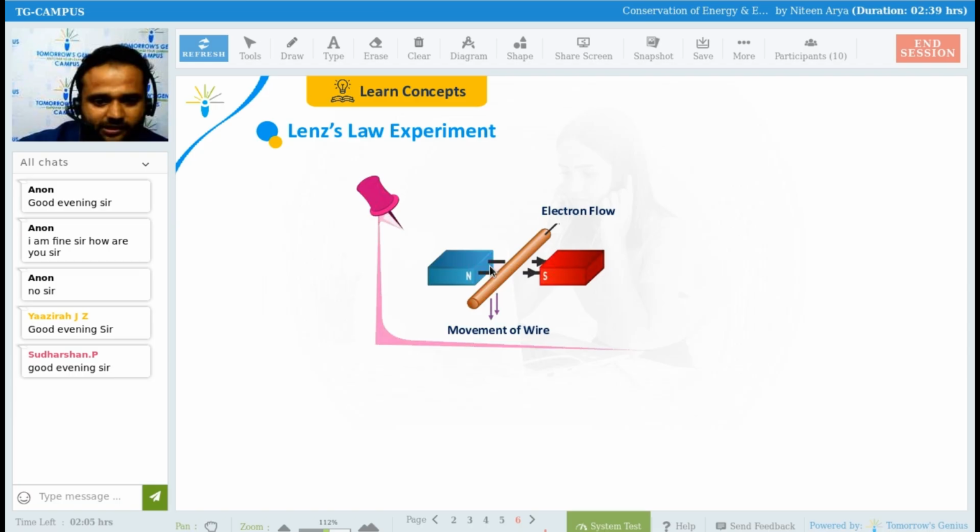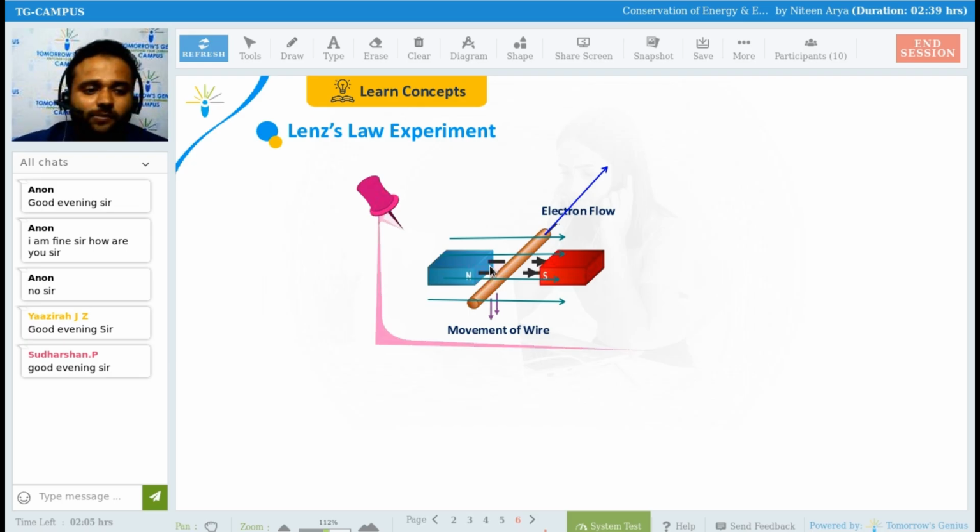There is a magnetic field, as you can see here. The magnetic field is going to be in this direction, and whenever the magnetic field is in this direction and I move this particular wire in this way, the EMI phenomenon is going to occur, and EMI is going to generate a current in the opposite direction.